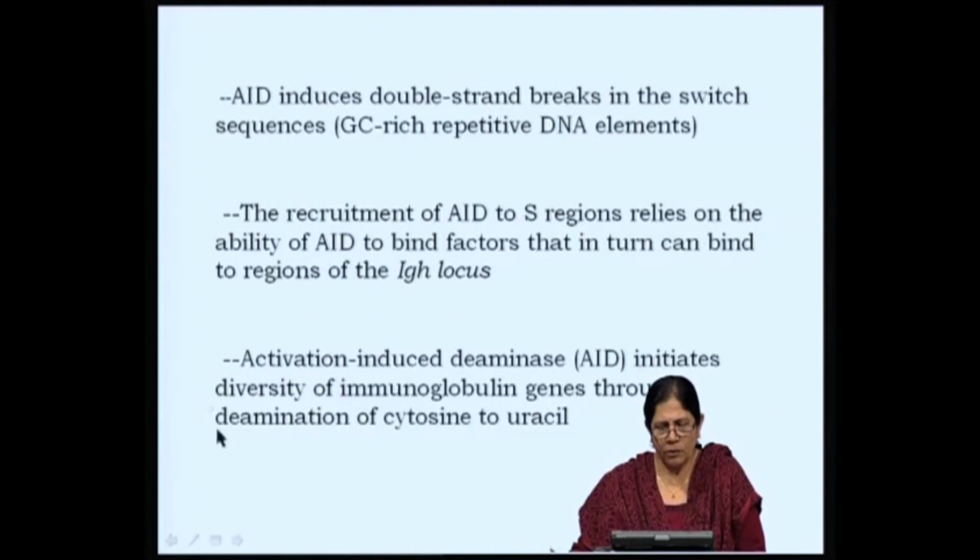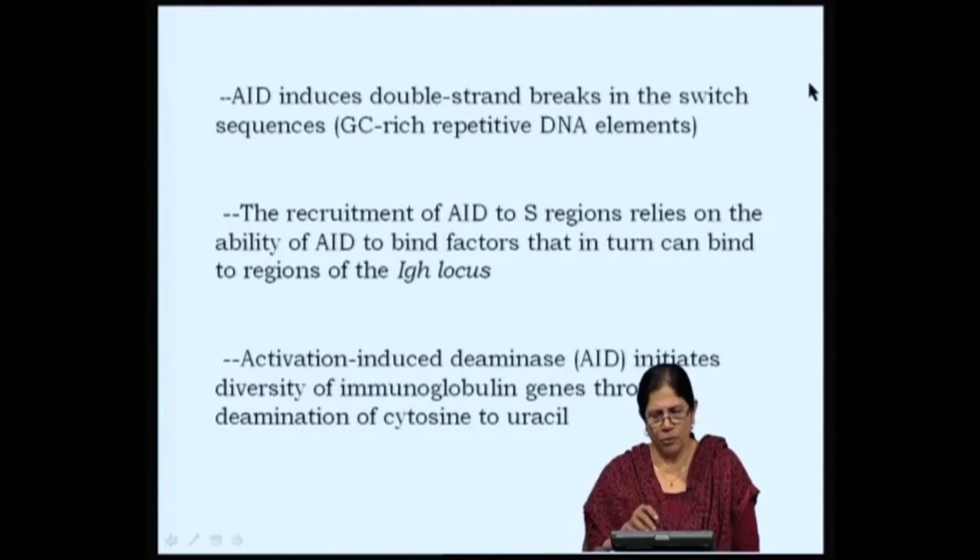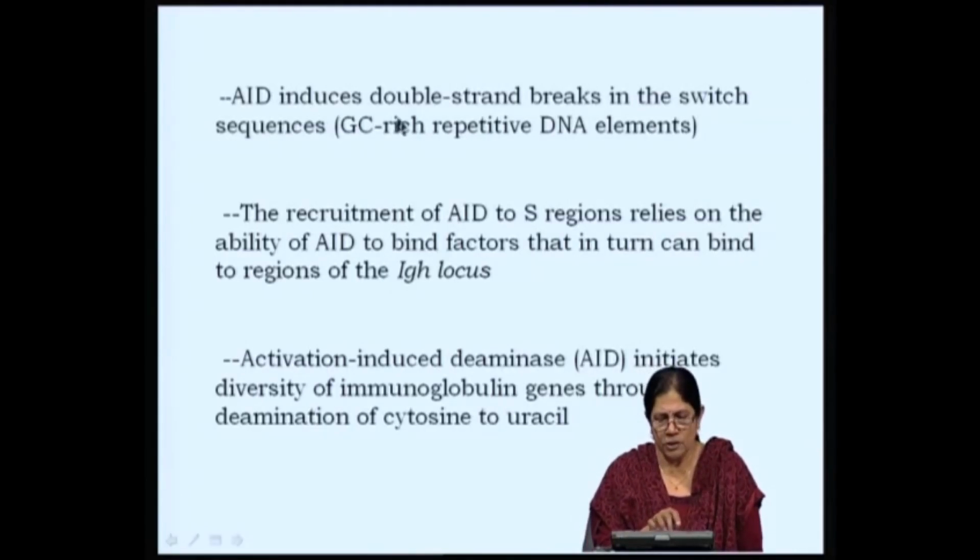So, the paper also states a few aspects that I will deal with now, that AID induces double strand breaks in the switch sequences. Though there is no specificity with respect to this double strand break happening, why I keep saying specificity is because remember RAG1 and 2 recognize specific sequences, the heptamer and the nonamer of the RSS, recombination signal sequences.